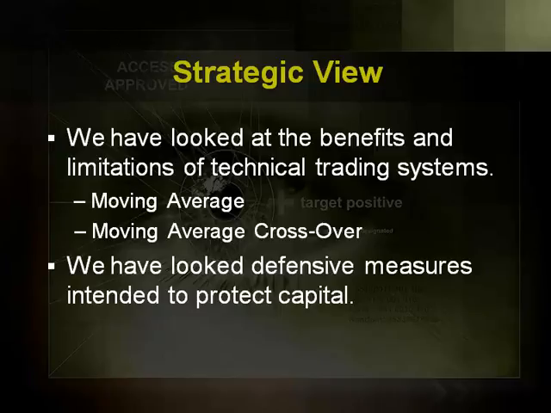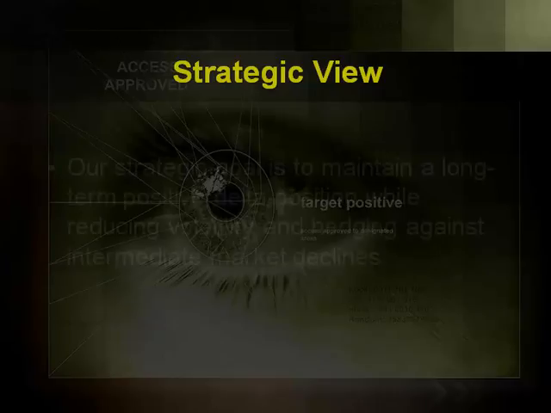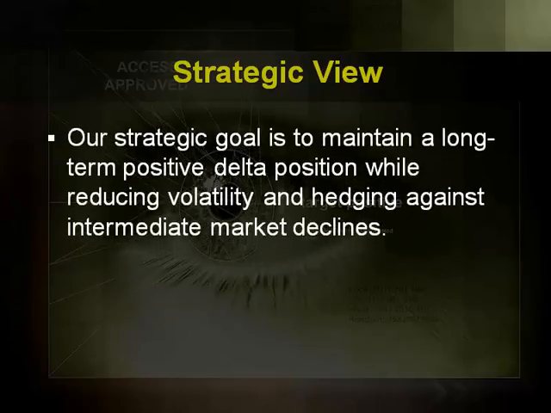Right. We also looked at some defensive measures that are intended to protect our capital. And our strategic goal is to maintain a long-term positive delta position while reducing our volatility and hedging against intermediate market declines. So in other words, what we're saying is that we have confidence that over the long term the market will rise.